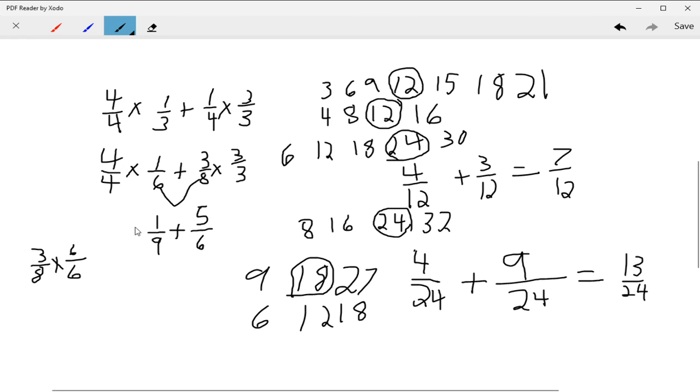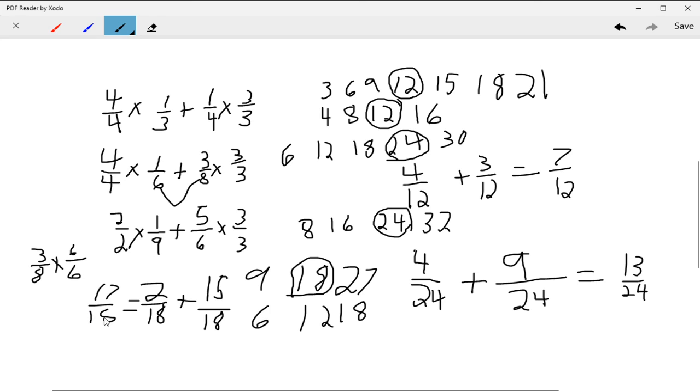So in this case, I just have to multiply this one by 2 over 2, and this would give me 2/18. And then this one by 3 over 3, because 3 times 6 equals 18. 5 times 3 equals 15, 6 times 3 equals 18. And the answer ends up being 17/18.